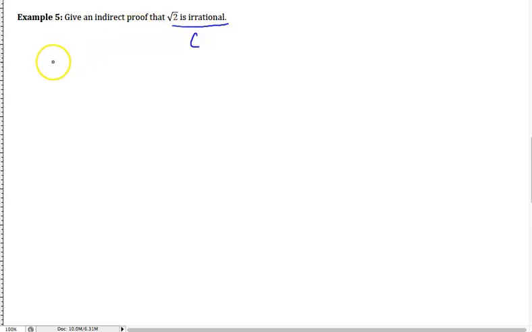So let's start. An indirect proof means that we're going to assume not C. We're going to assume the conclusion is false. So what's the negation of the square root of 2 is irrational? That will be that the square root of 2 is rational. Let's try to remember what rational and irrational numbers are.